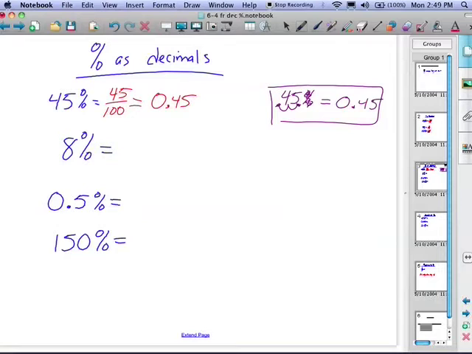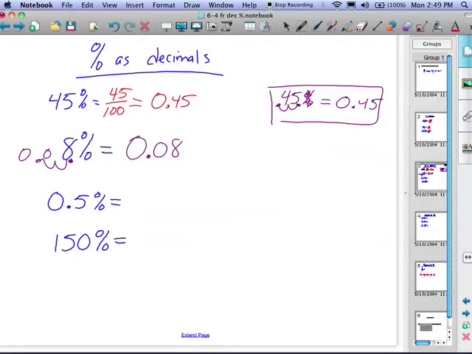So using the second example, 8%, there is no decimal point, so we will put one in after the 8, and then we will move the decimal point 2 spaces to the left and fill in zeros as necessary. So 8% is actually 0.08.